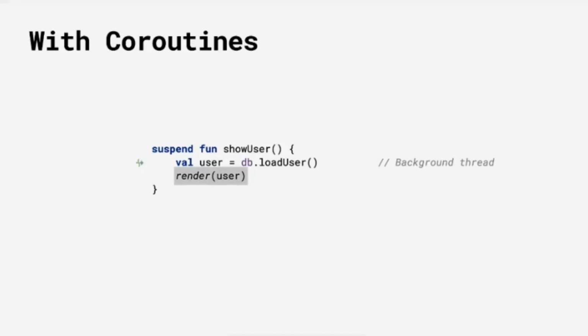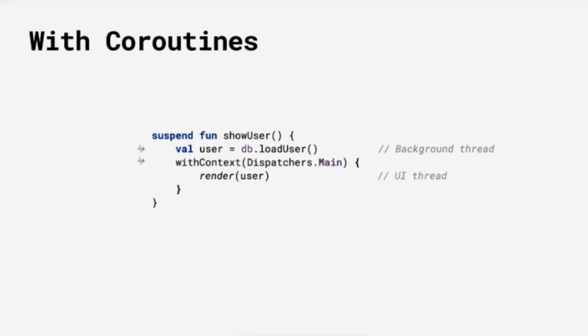But there is a problem that the render function needs to be called from a UI thread. So like I said, when you mark the function as suspend, it runs in the background thread. But on Android or any of the UI based platforms, you need to touch the view from a UI thread. So you need to basically switch to the UI thread.